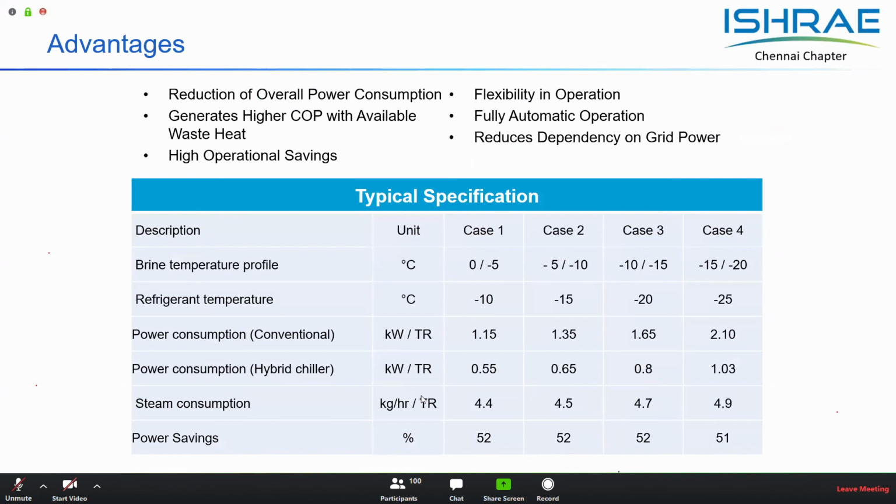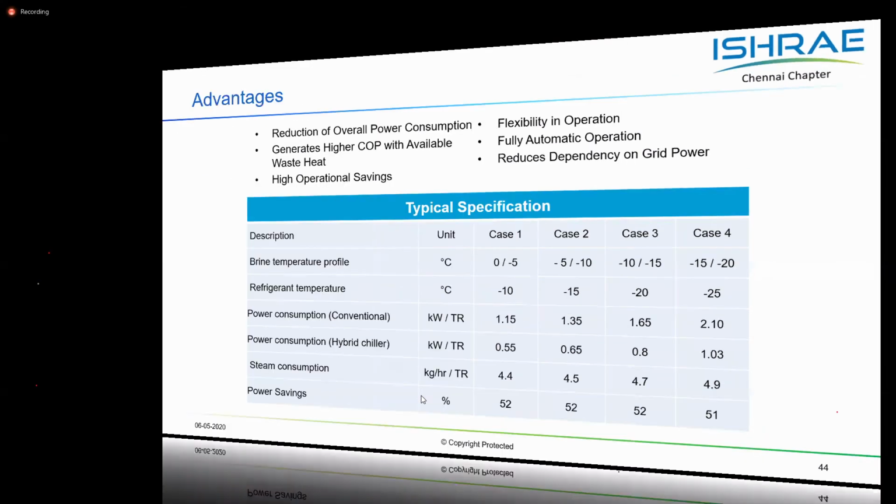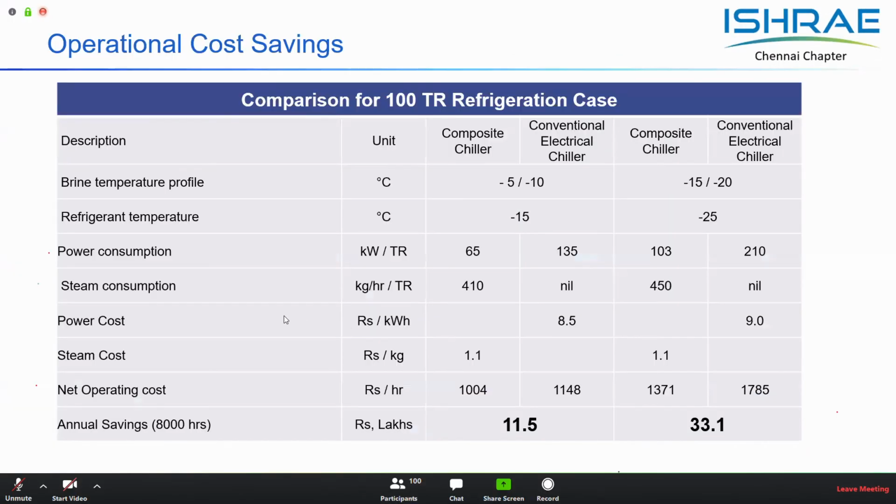And it can use waste heat as a driving media for the absorption unit. Waste heat can be hot water or low pressure steam or exhaust gas, or even thermal oil can be used as the driving source for such hybrid units. So a sizable reduction in power consumption and usage of waste heat makes it a very valuable proposition.